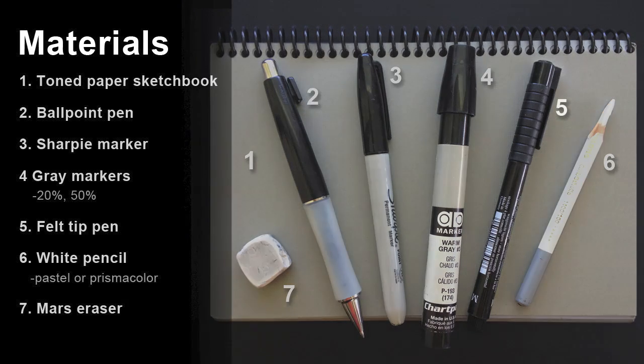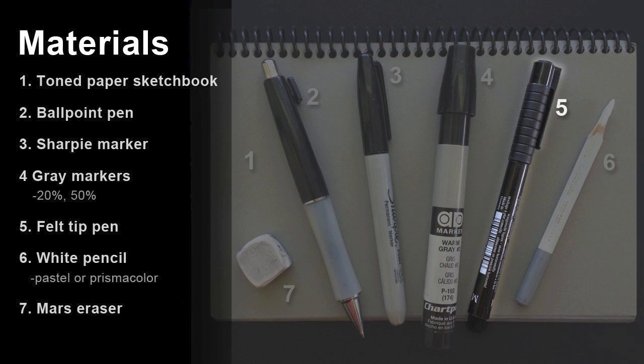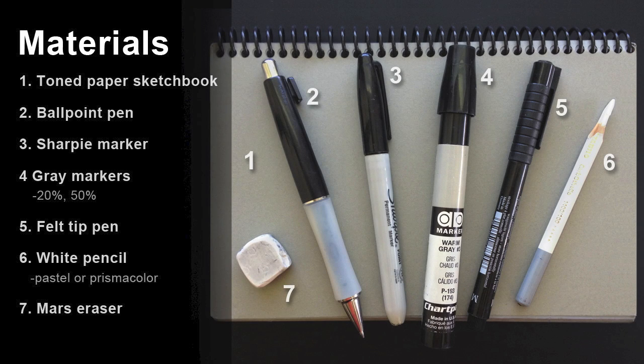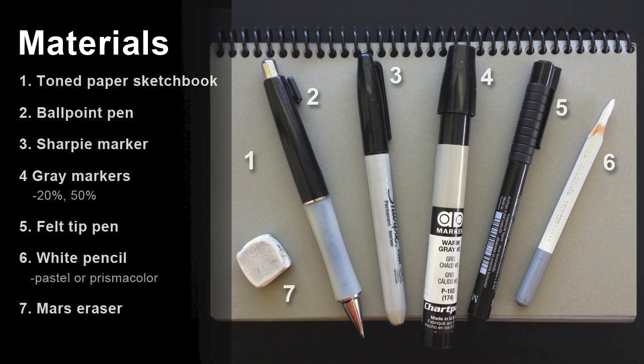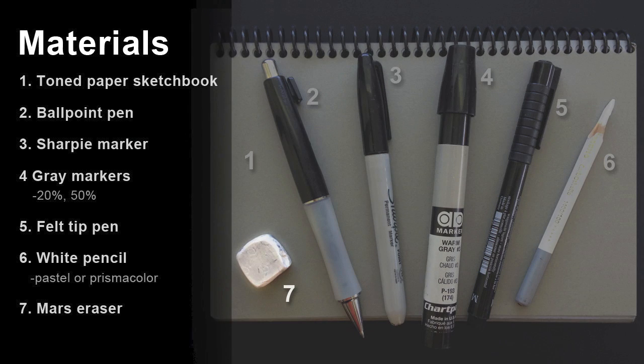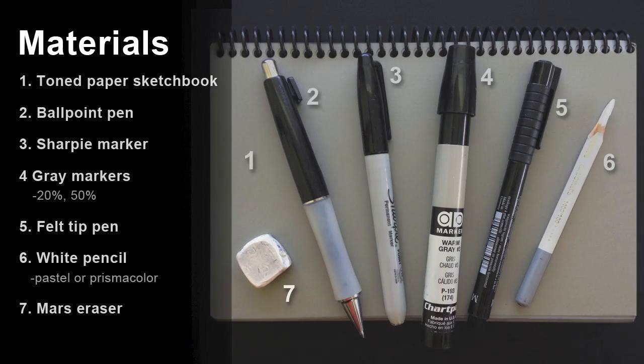Next, I have a felt tip pen, and this is great for dark accents and doing fine lines. Next, I have a white pencil, and I like to use either Carbothello, which is pictured here, or white Prismacolor. And finally, I have a Mars eraser, and Mars eraser is great for erasing the Prismacolor or the pastel.